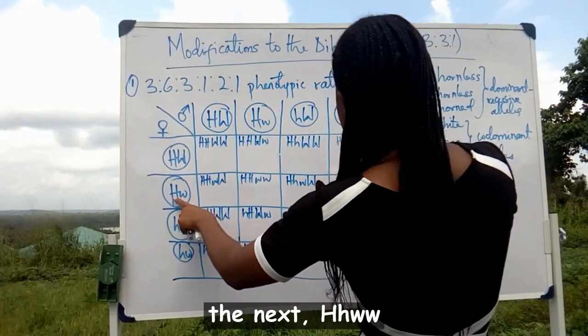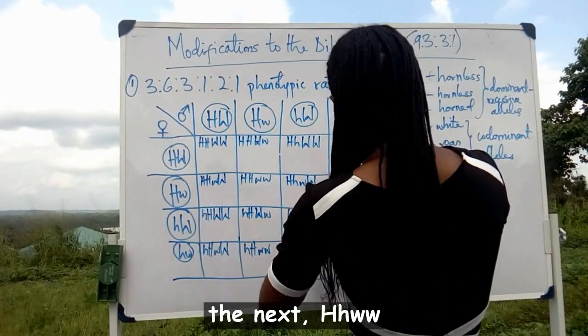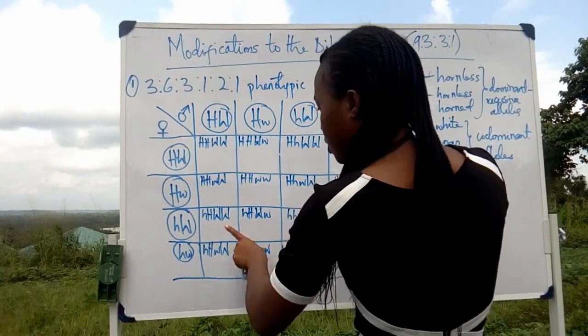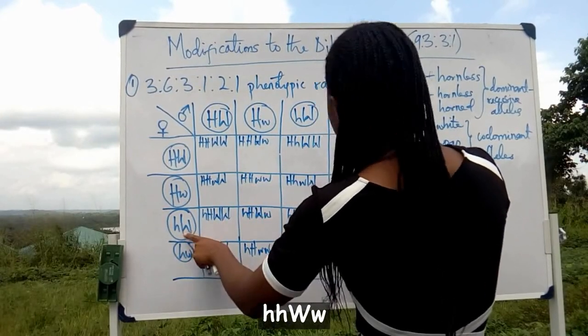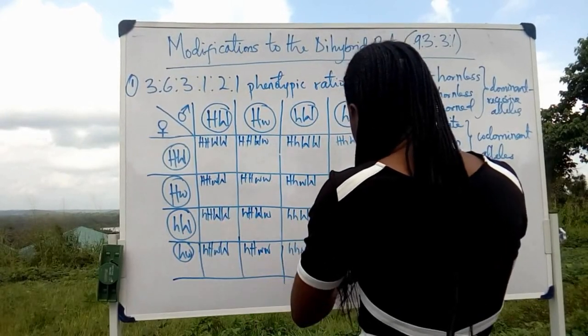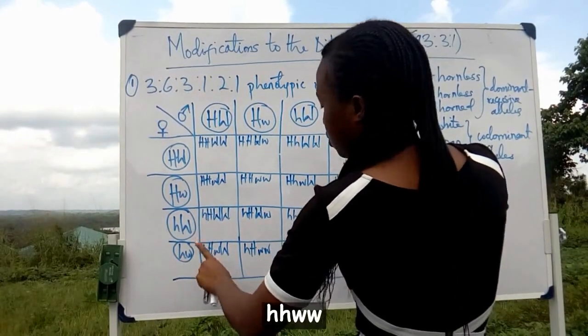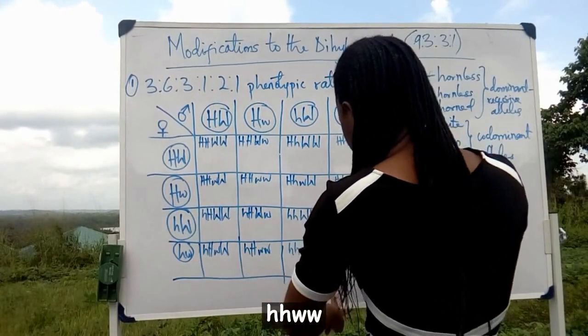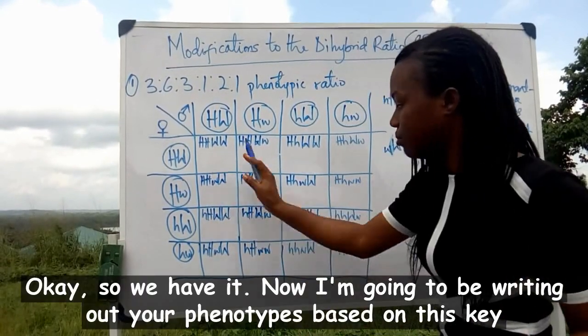Okay, next, big H, small w, small w. Small h, big W, small w. Small h, small w, small w. Okay, so we have it.